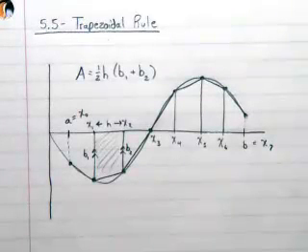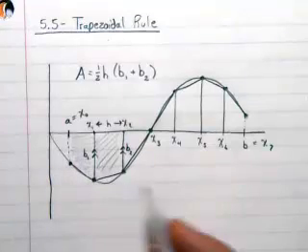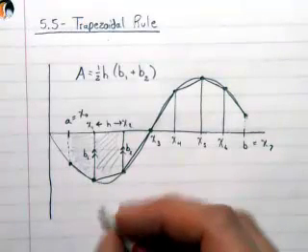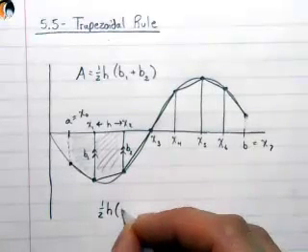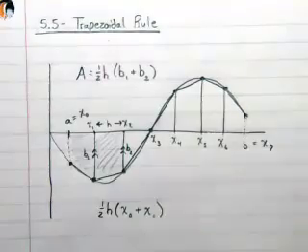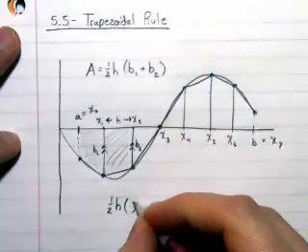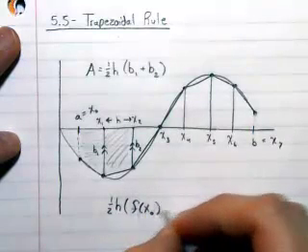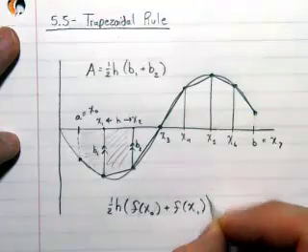So for this trapezoid right here, its area is going to be 1/2 the height times f of x sub 0 plus f of x sub 1, okay?